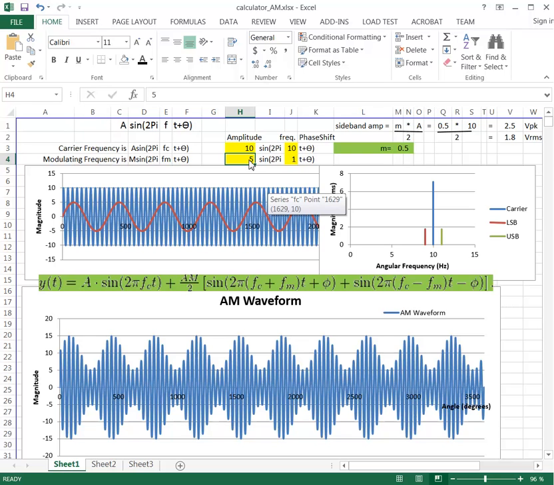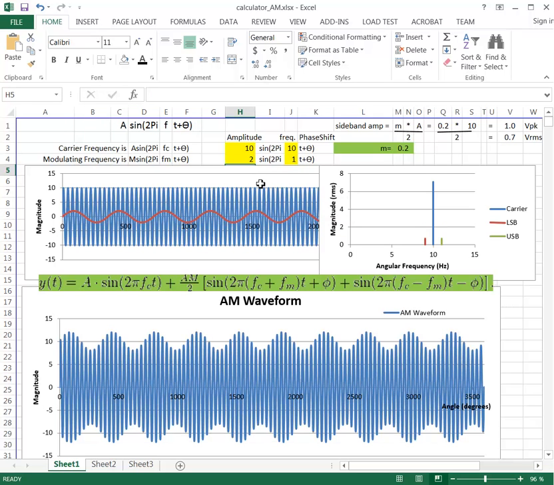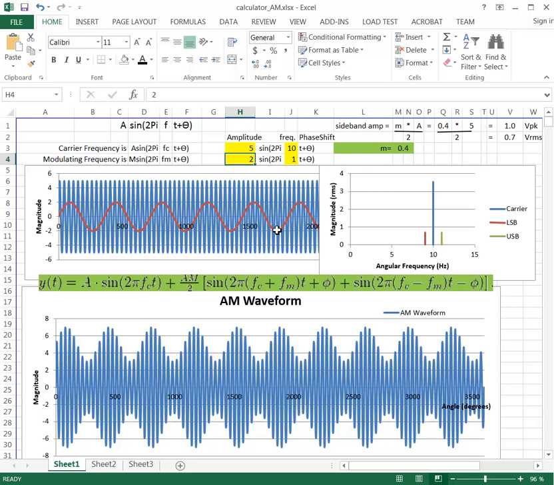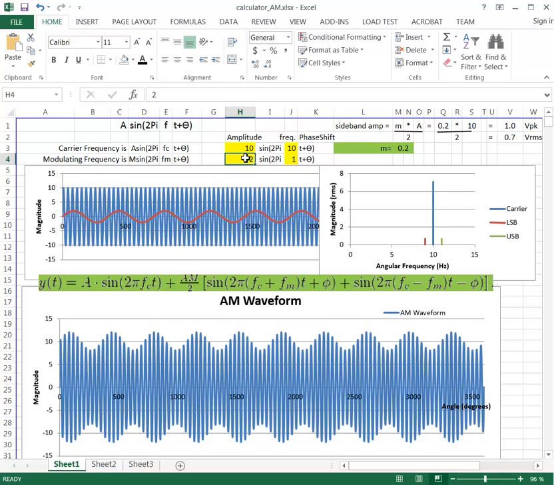If I was to change this to 10 and 2, we would get a modulation index of 0.2. If I was to change the carrier to a magnitude of 5, this ratio here, 2 to 5, is 0.4. So that's all the modulation index is. We'll just put these back to what they were.